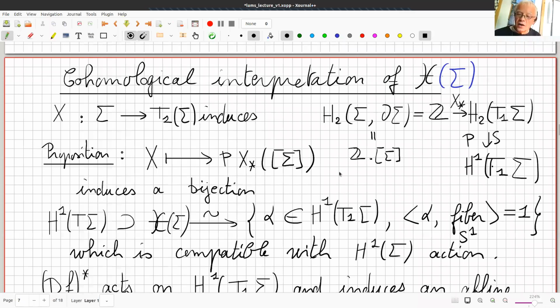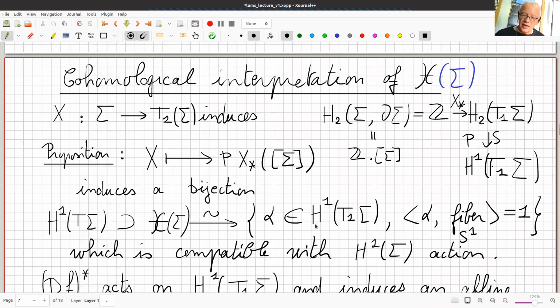So you can realize the vector field as a cohomology class, which is required to evaluate to one on the fiber, if I take a differential geometry formulation where you integrate over the fiber. So this means that you have a cohomological model for this space of vector fields.